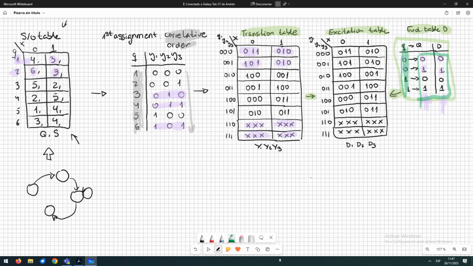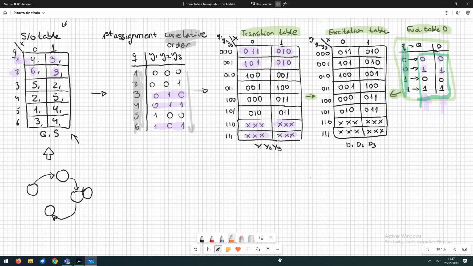So we are going to fill the transition table. Well, it's already filled, but I'm going to explain to remember how to fill this table.